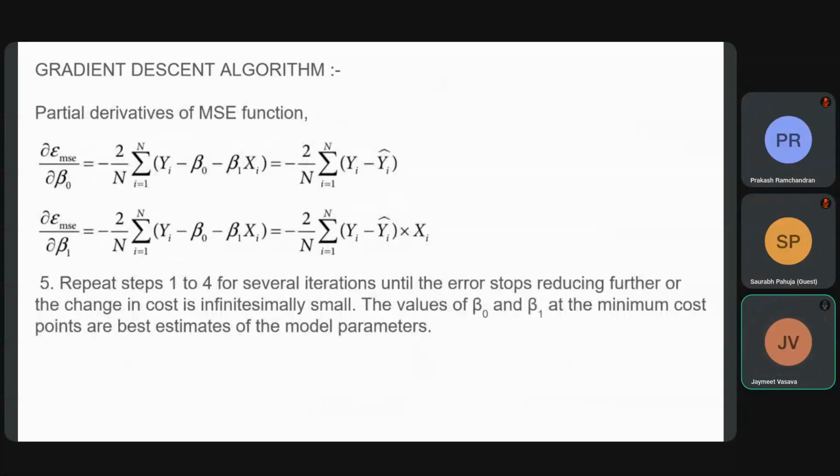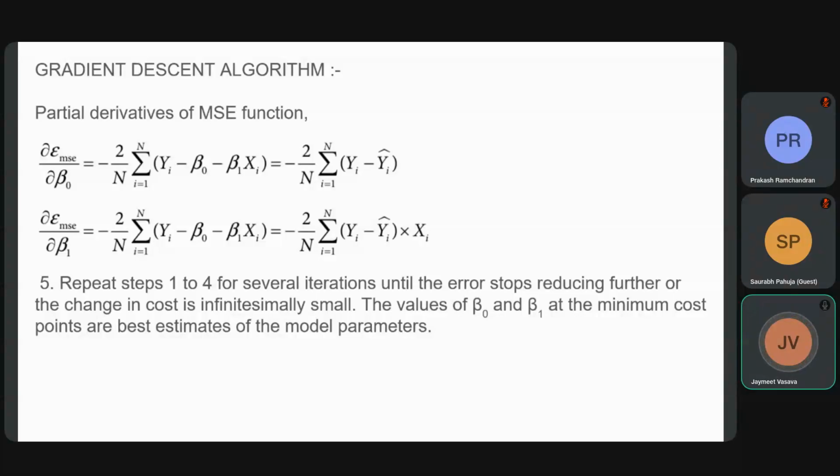So the partial derivatives of the MSE function are finally given for beta 0 and beta 1. For beta 0, it's the error with respect to beta 0: minus 2 by n, and the summation of actual minus predicted values for all the records.